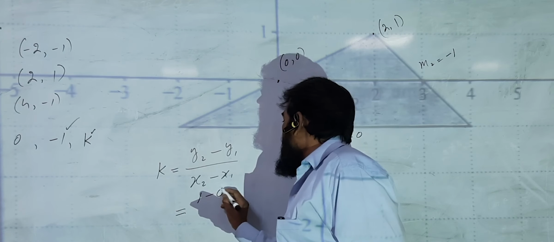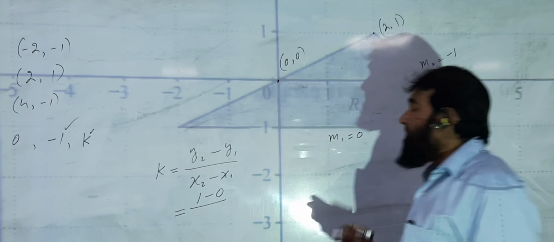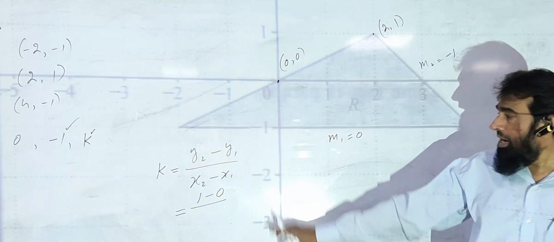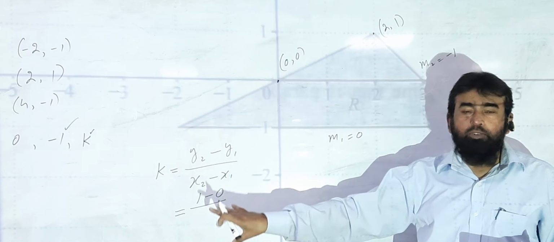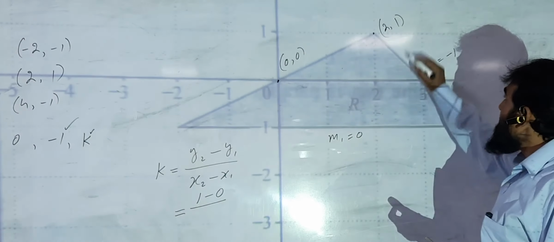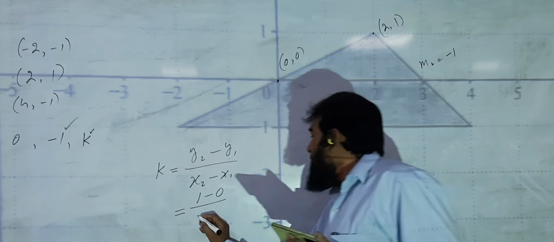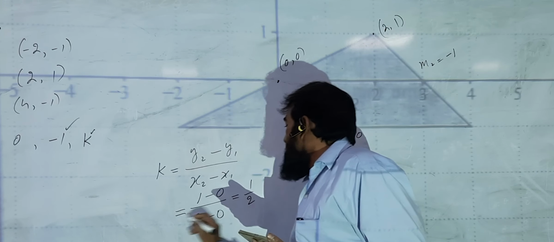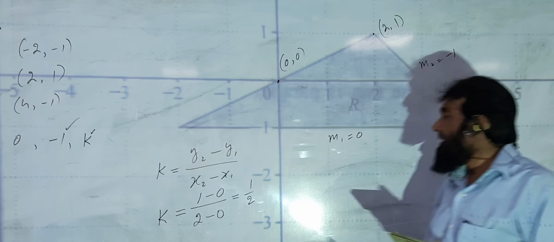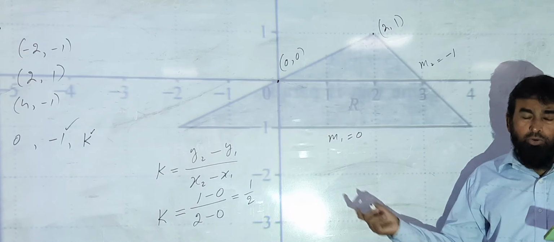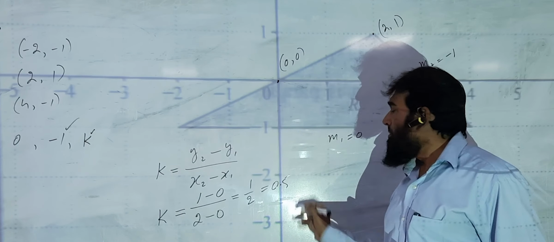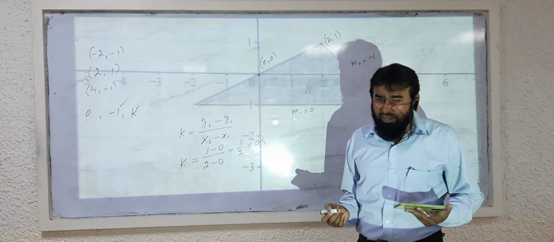In the formula of the gradient, we subtract y coordinate from y coordinate in the numerator and x coordinate from x coordinate in the denominator. x2 minus x1, 2 minus 0, so 1 over 2. So the value of K is 1 over 2. You can also write this value as 0.5, but it's better to write 1 by 2.